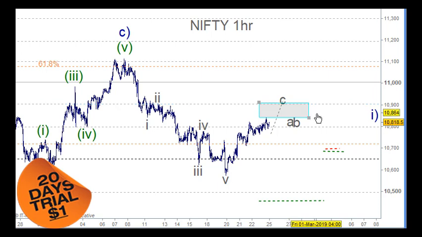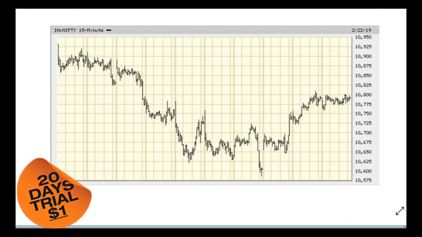Now, we were never going to turn bullish on this market unless we found the 11,000 here as the support. Now, this little move up through here, it's a little bit difficult for me to count. If I look at it on the cash market, the physical market, this is a 15-minute chart, it becomes a little bit clearer. So what I can see here is the move up through here.